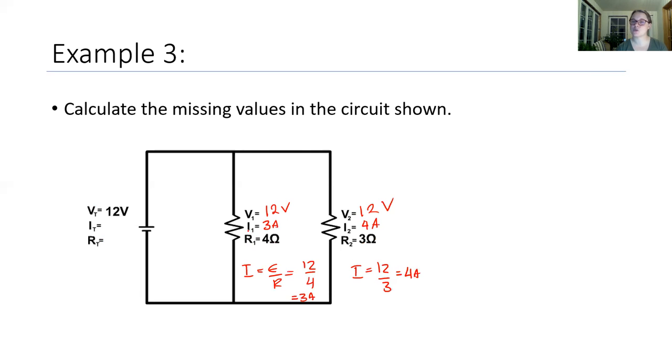Kirchhoff's laws say that we add current in order to get the total current. So that must mean there's 7 amps here. And then resistance is equal to voltage divided by current, which is 12 over 7, which gives us a resistance of 1.7 ohms. Okay, and we have all the pieces filled in.